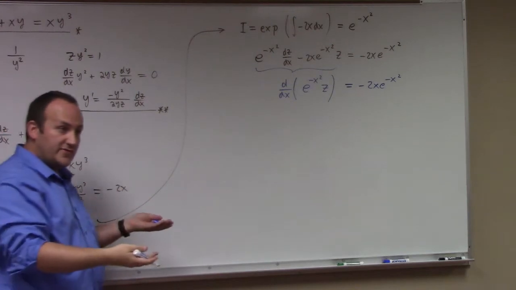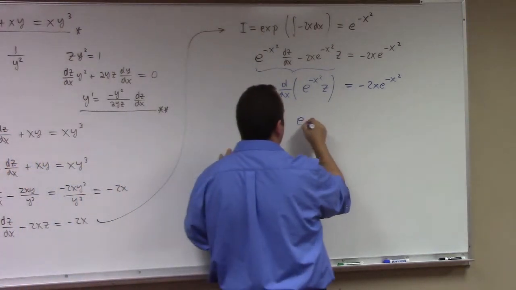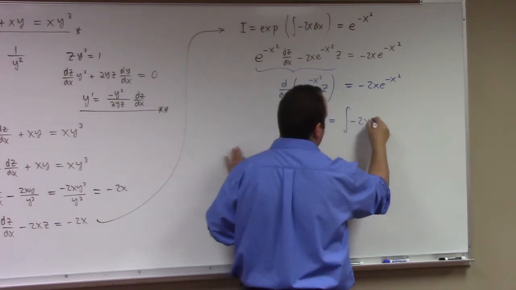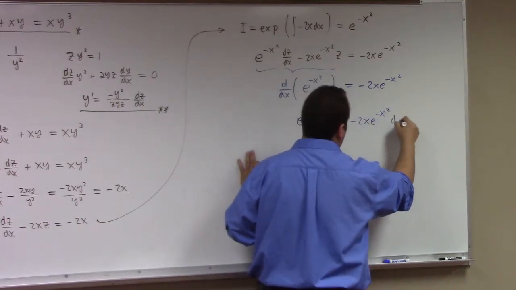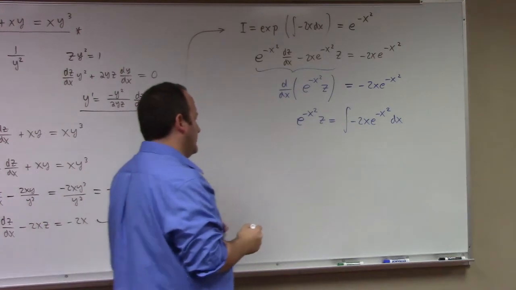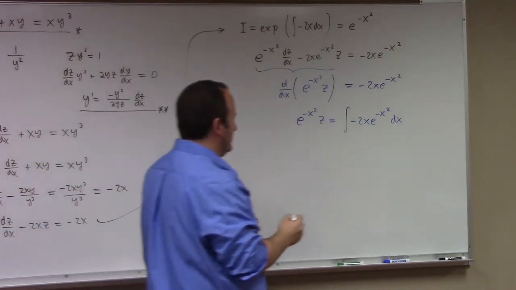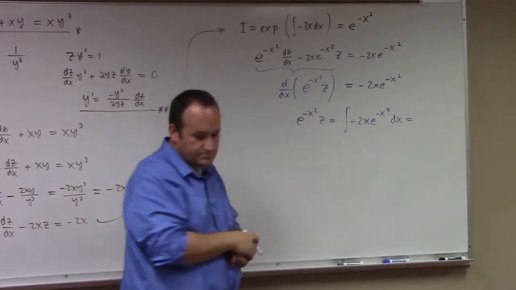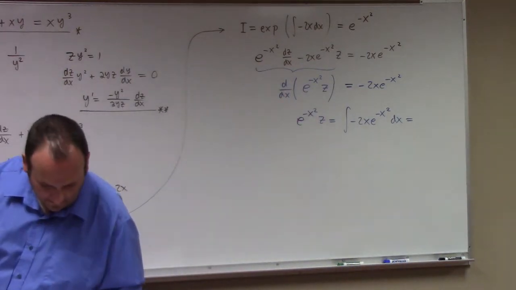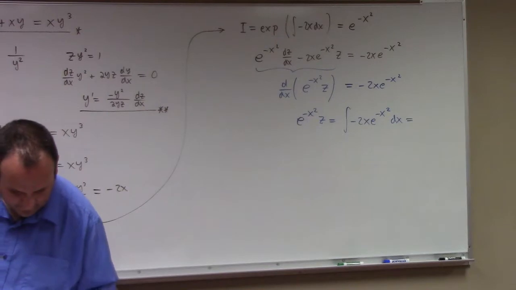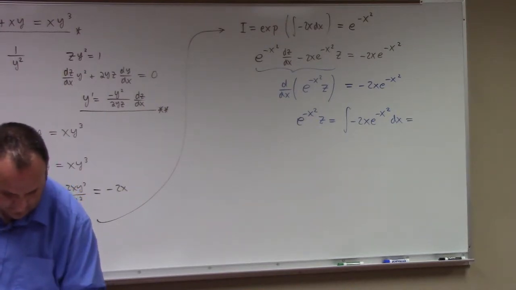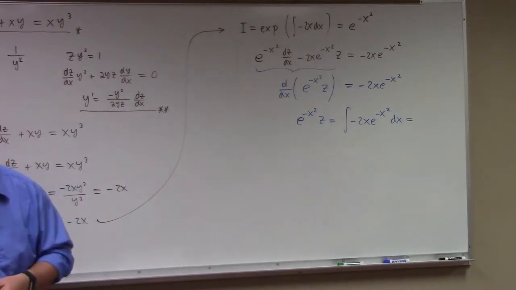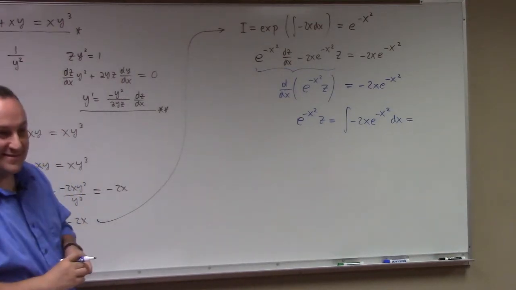And then we integrate both sides, yeah? So e to the minus x squared z is equal to the integral of minus 2x e to the minus x squared dx, which if you tilt your head and squint, you can see is what? What's that?